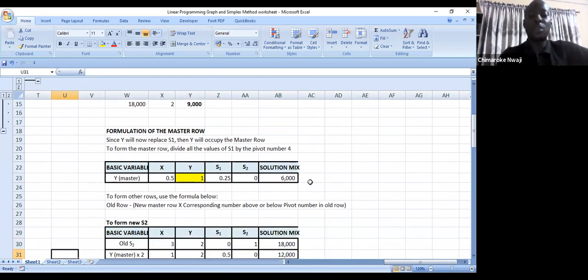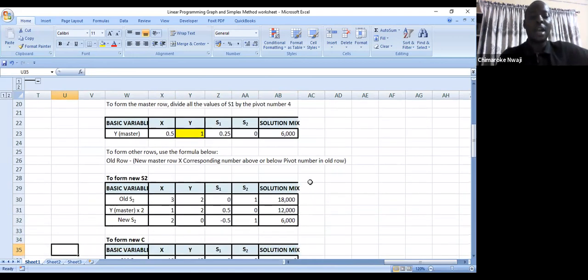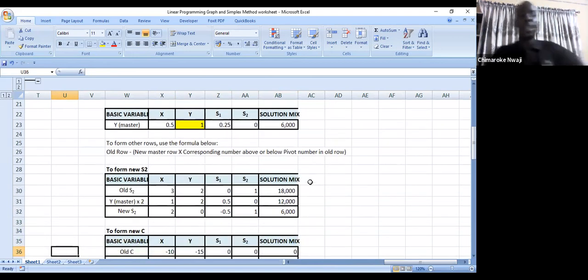Now we want to form the other rows. How do we form the other rows? Let's take them one after the other. Now, because Y has replaced S1, we will never see the S1 row again, but we will see the S2 row and the C row. How do you form the row?